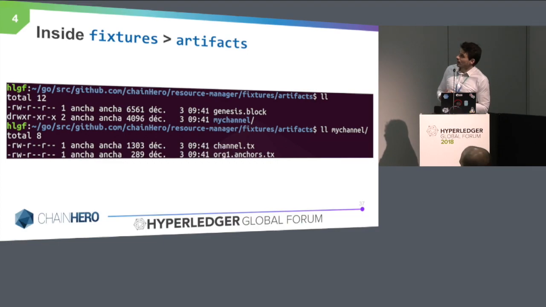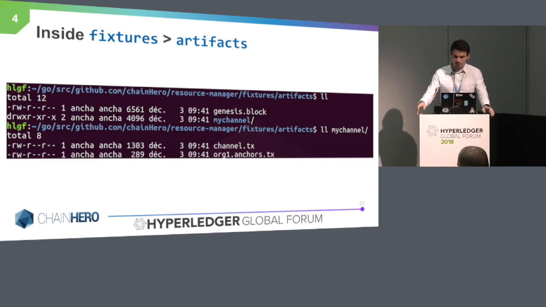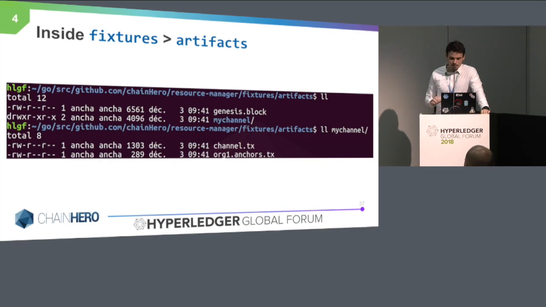The last file is here in order for applications or other peers to know how to contact the network, how to go inside the network, how to proceed with the communication. So the file contains some peer addresses.